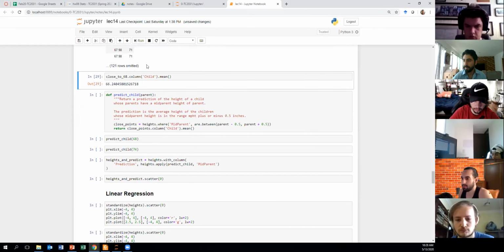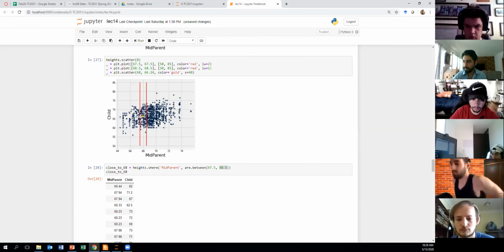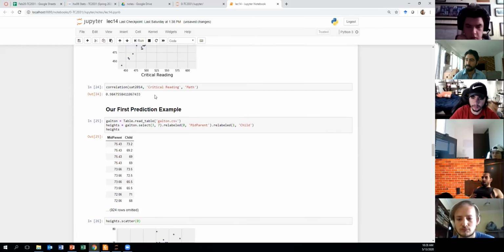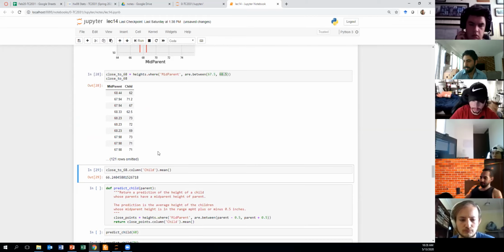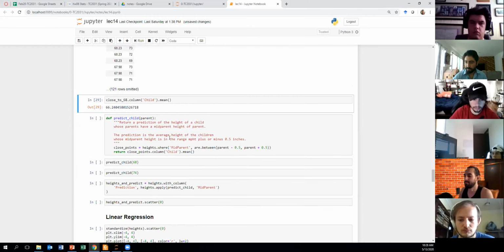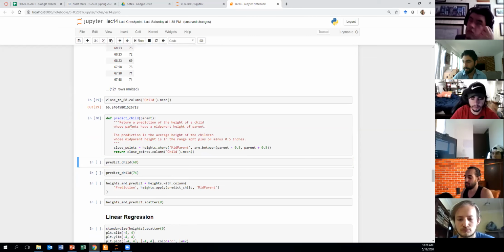So we did the same thing last time. This was the first prediction example we saw, maybe in the second week. Now I'm going to define a function which returns a prediction of the height of the child whose parents have a given mid-parent height.